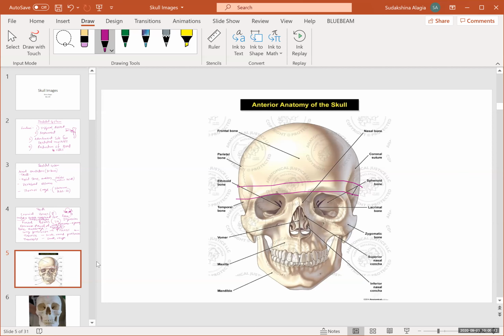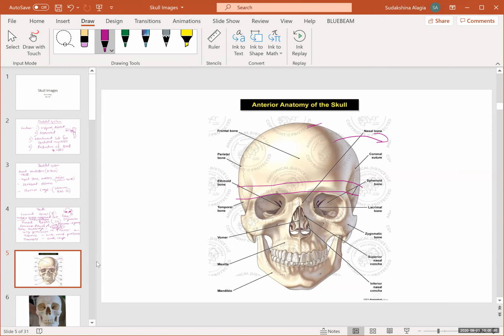We're going to look at the superior view of the skull with the roof of the cranium intact. We are also going to look at the superior view with the roof removed so that we can look at the internal cranial bones. Pretty much above the orbit, the bones are cranial bones. Some are also visible through the orbit.